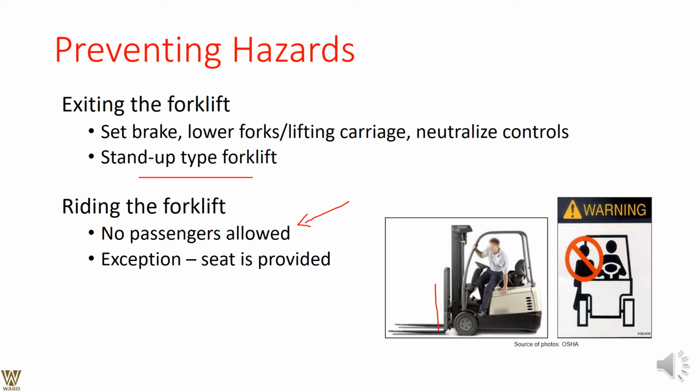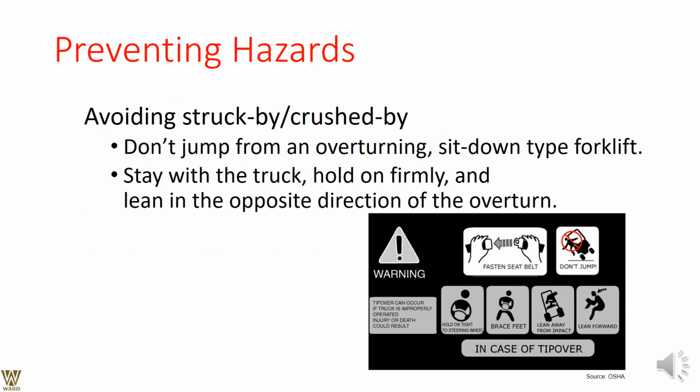That means the forklift is actually capable of carrying two persons. Usually, it is designed to carry only one person. The two-person forklift is for training purposes. So we need to ensure such things.